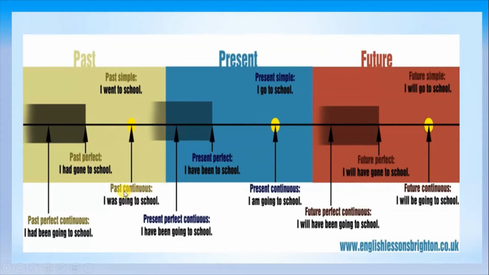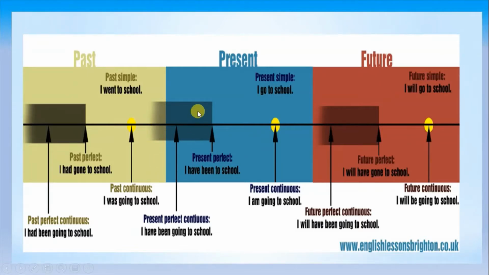The second tense is past continuous. Past continuous refers to the continuing action that started and happened at some point in the past, and continued in the past.